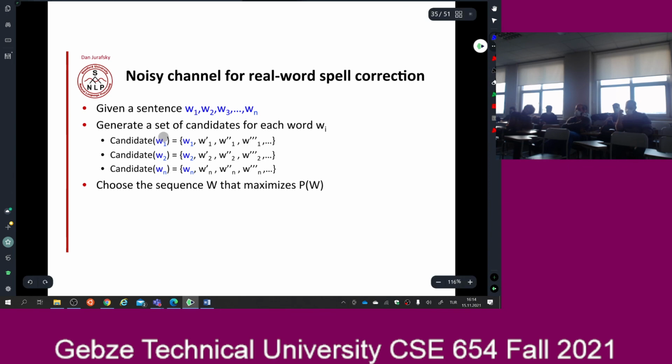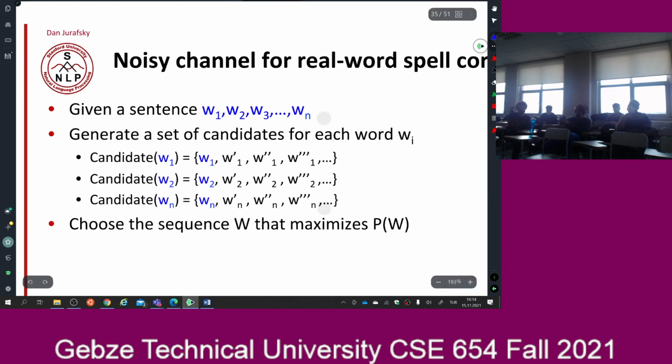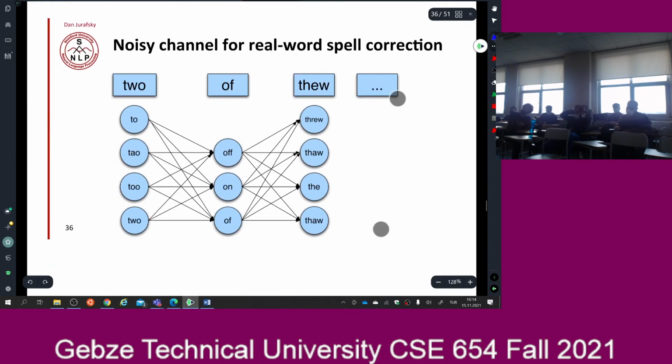So for each word, let's say this is my sentence. I have n words. For each word, I have produced these candidates, and for each word, the word itself is inside the candidate list. For word 1, word 1 prime, word 1 double prime, 3 prime, etc. For example, 'two of the': all of them are spelled right, but for 'two', maybe I meant 'to', maybe I meant 'too', etc. So 4 candidates.